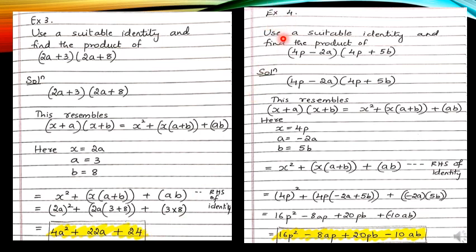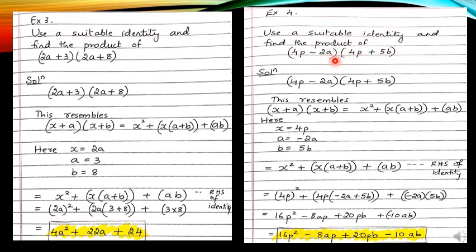Example 4. Use a suitable identity and find the product of 4p minus 2a and 4p plus 5b. Here also we have two binomials and the first term in both the binomials is the same, but the second terms are different.